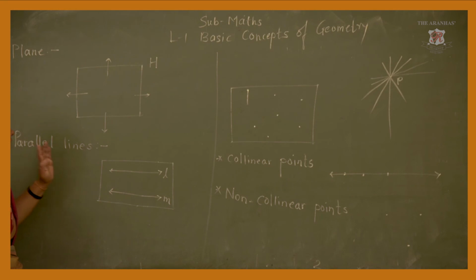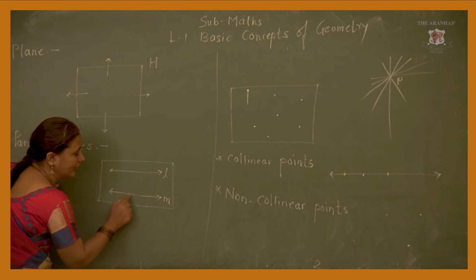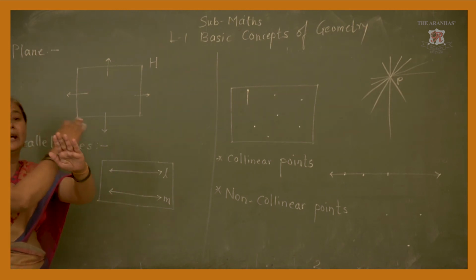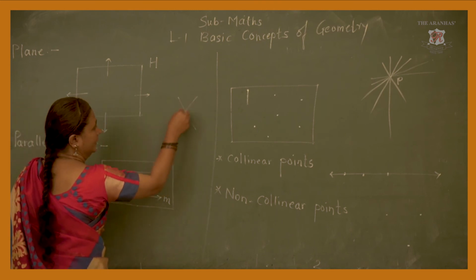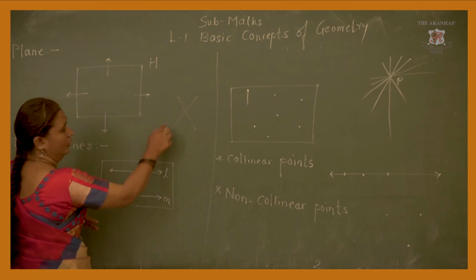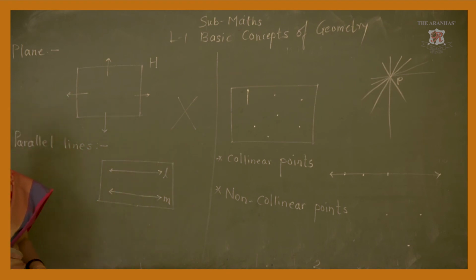In the same plane, the two lines lie and do not intersect. Intersect means they cross each other, the way we write a cross. That is called intersecting lines. Lines which do not intersect each other are called parallel lines.